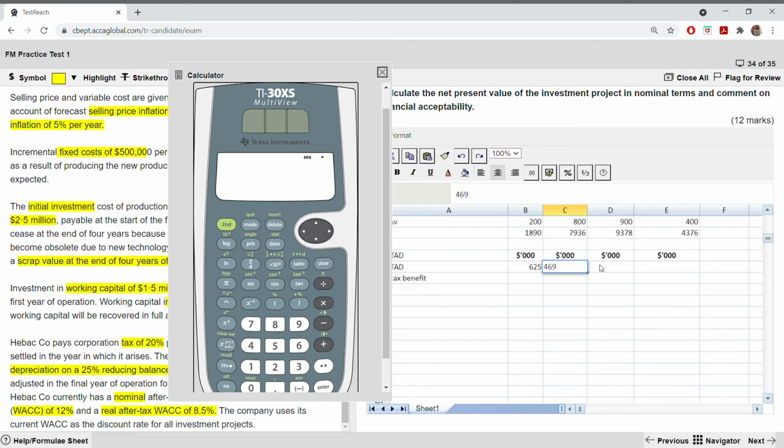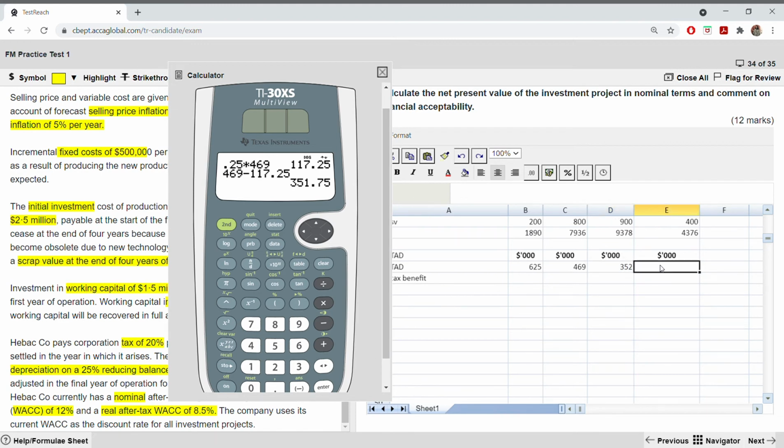Okay. For the third one, 25% on 469. Okay, so 469 minus 117.25. It is, you can take the whole number 352. Double click 352. And finally the last one.